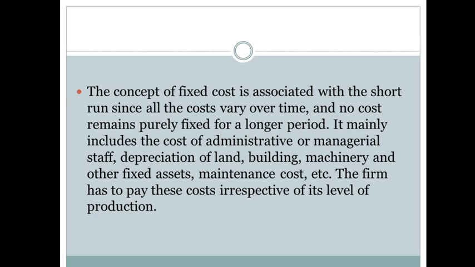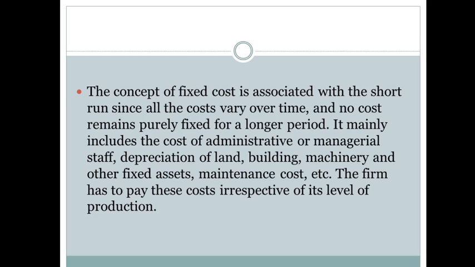Therefore, fixed cost mainly includes the cost of administrative or managerial staff, depreciation of land, building, machinery and other fixed assets, and maintenance of these fixed assets. These staff, that is administrative or managerial staff, are fixed irrespective of the output.